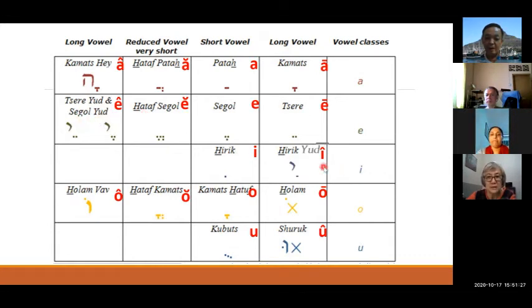Next we come to I. Hiri yod, long vowel, I. Hiri, short vowel, I. Holem, long vowel, O. Kamas katuf, O. Hataf kamas, shorter O. Holem waf, long vowel, O. Similarly, the last one, U. Shuruk, long vowel, U. Kubbutz, short U. This is a very important summary.